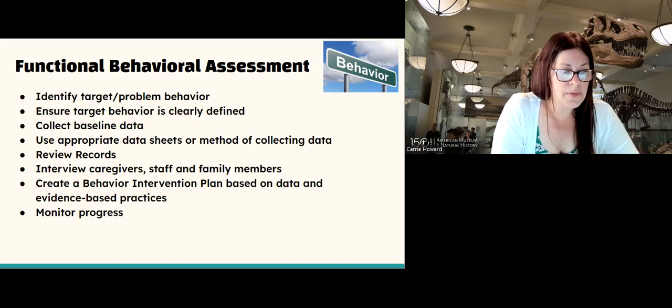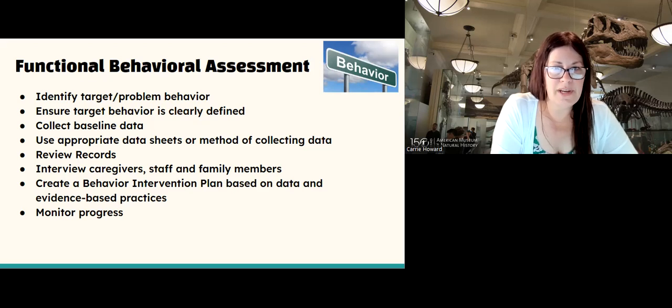So we're going to be talking a little bit about this student in particular, but also about how you go about conducting a functional behavior assessment. So first you need to determine what your target behavior is and clearly define that behavior.